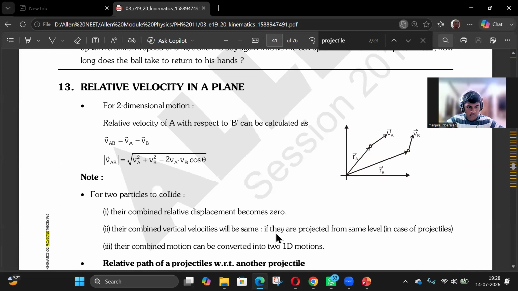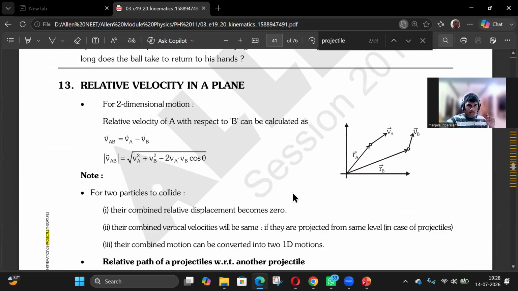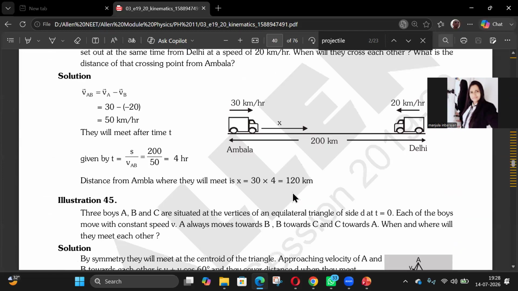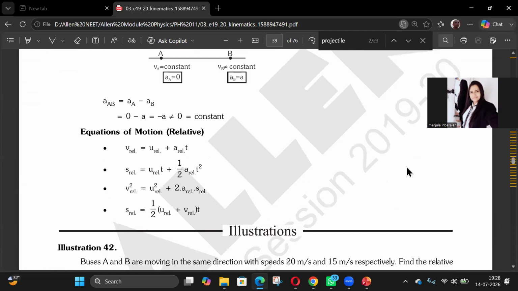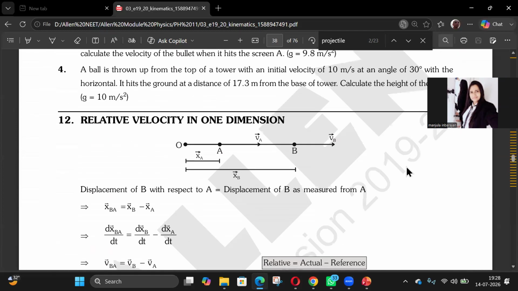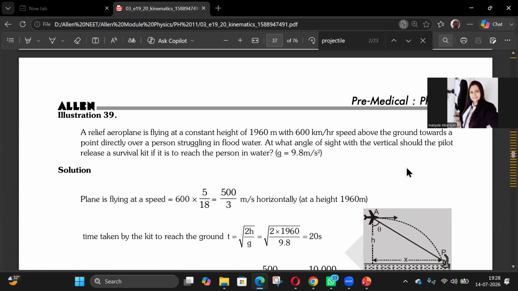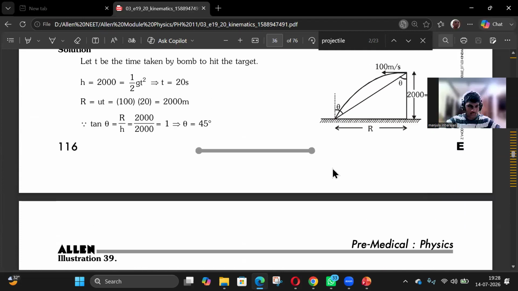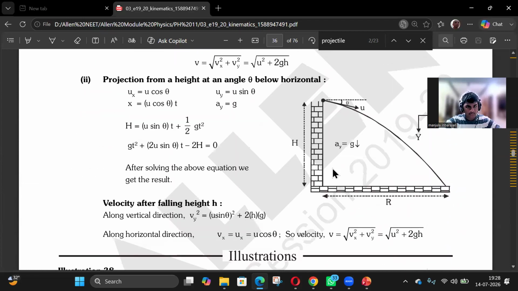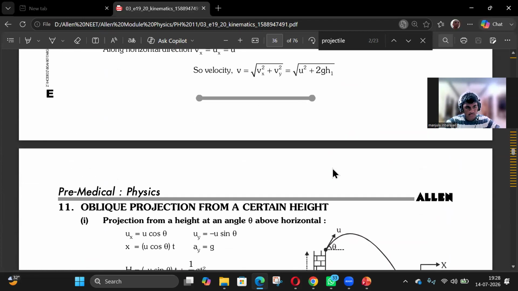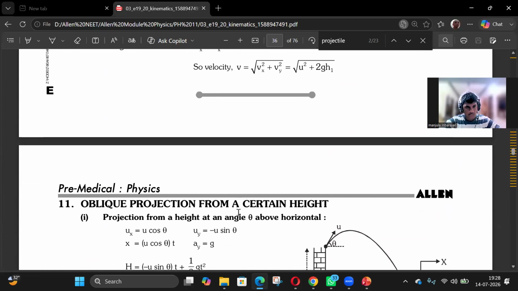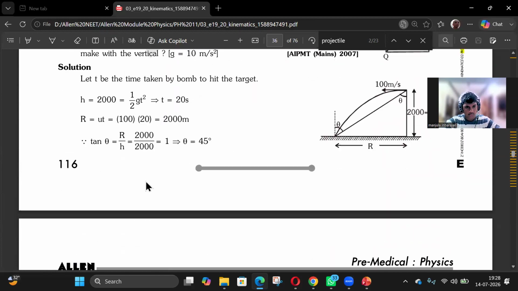Inclined plane is not there. Oblique projection from a certain height, that's 11.